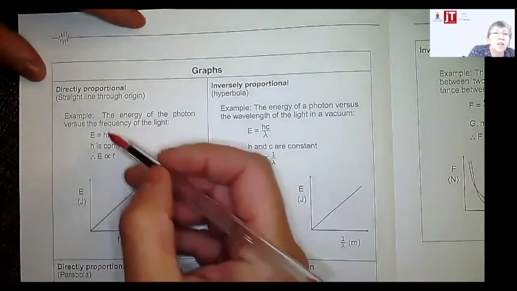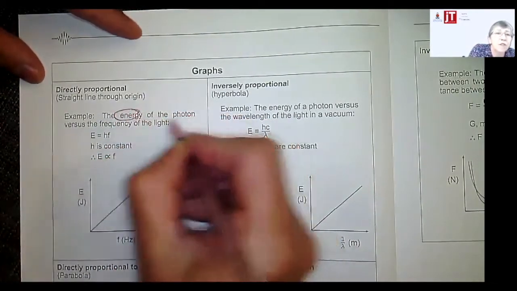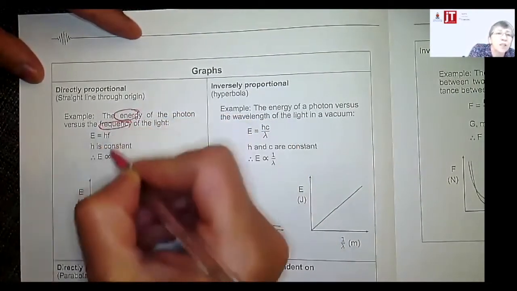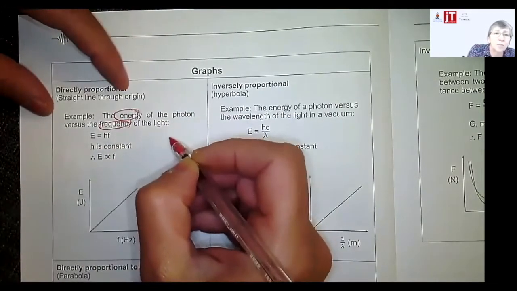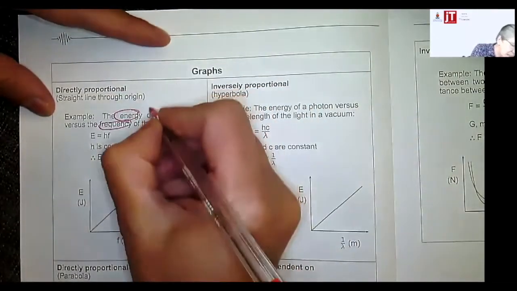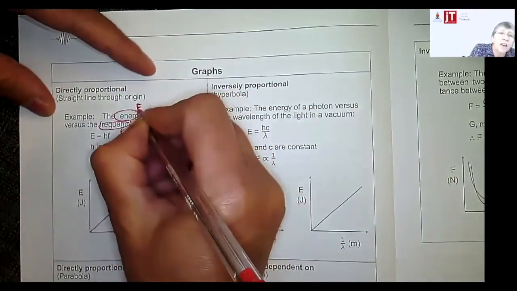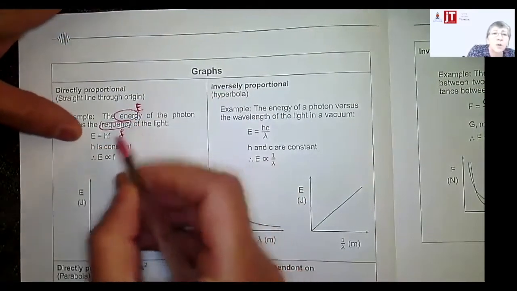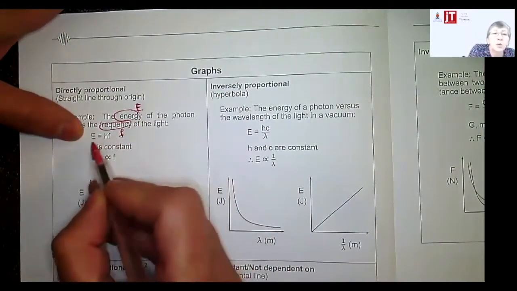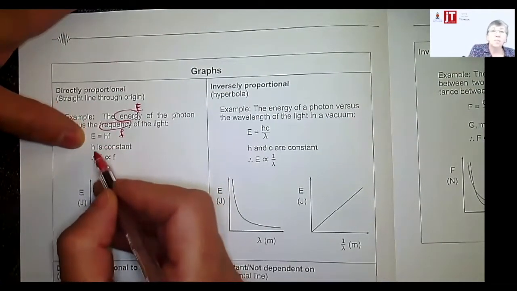Now, typically, if they ask you to draw a graph of the energy of a photon versus the frequency of the light, immediately we're talking about E, we're talking about f, and I need an equation. So from your information sheet, you will find E equals hf, and h is Planck's constant.